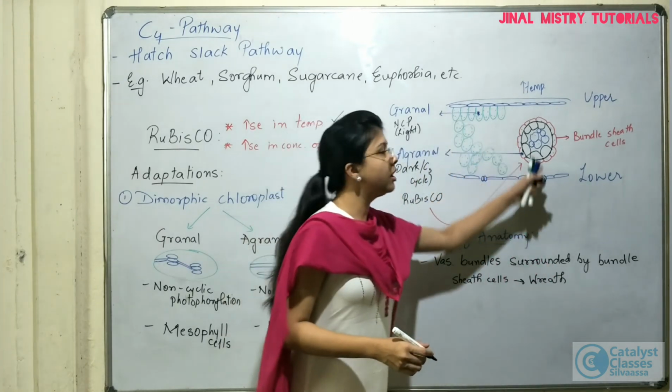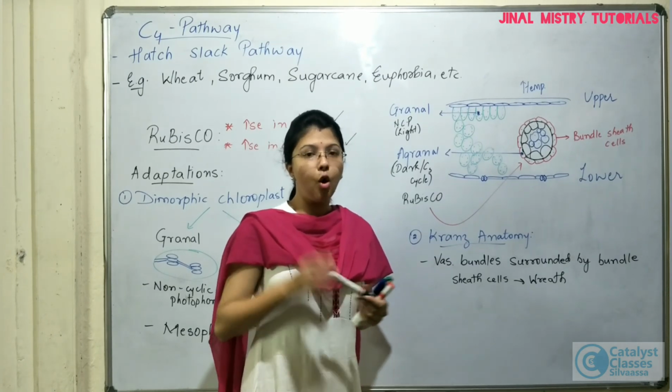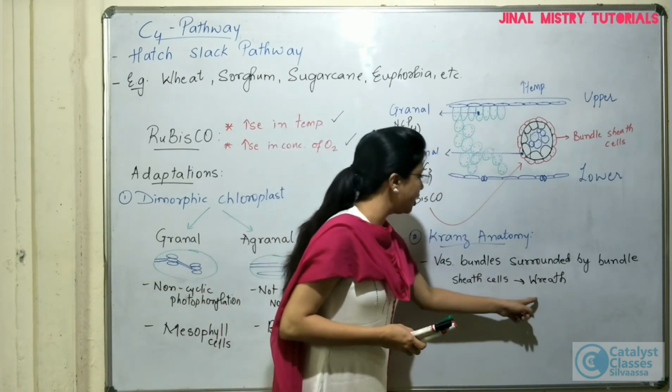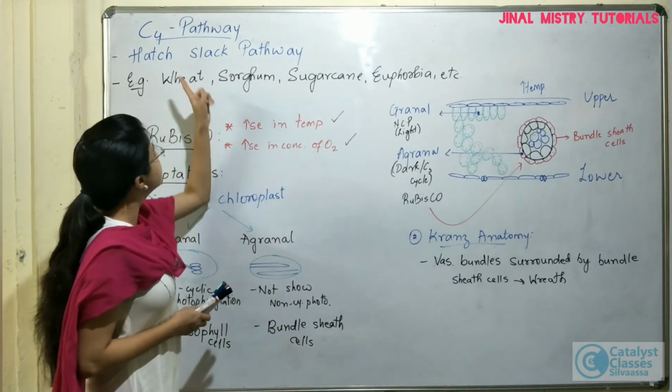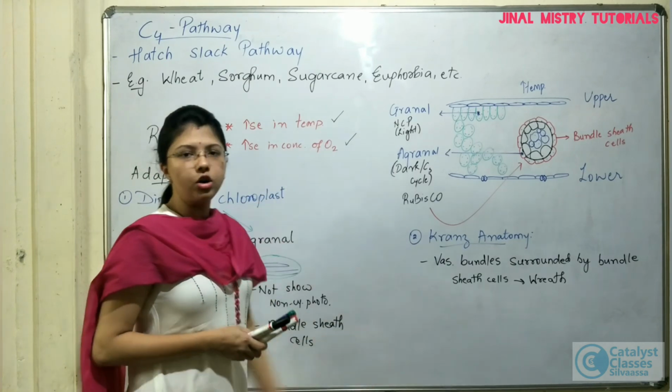A wreath is nothing but a circular arrangement or floral arrangement, where all the floral parts are arranged in a circular manner. This wreath-like arrangement is called Kranz anatomy, which is found only in C4 plants like wheat, sorghum, sugarcane, or euphorbia.